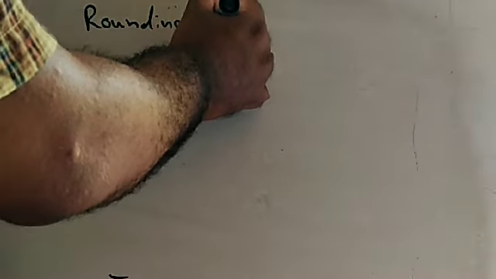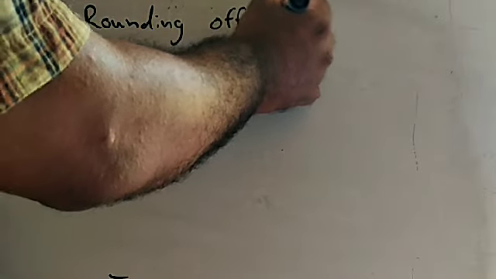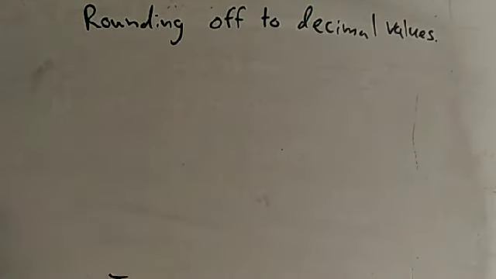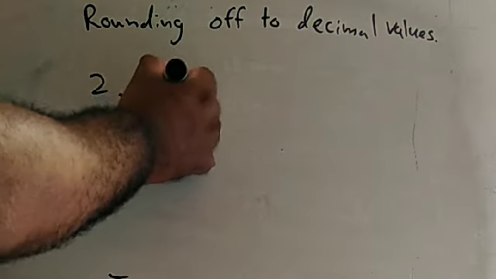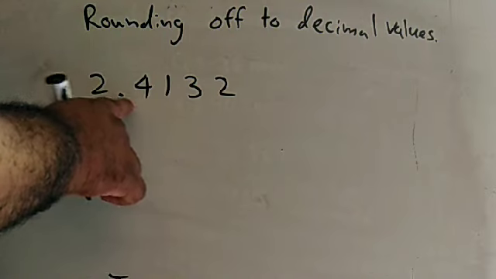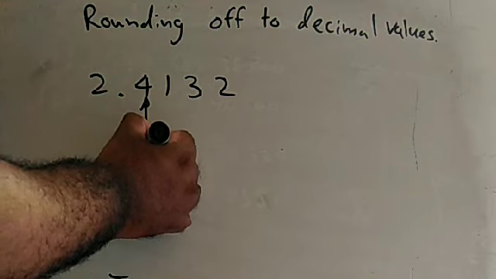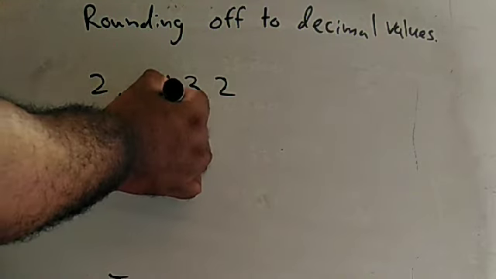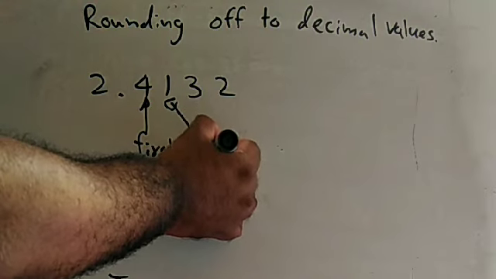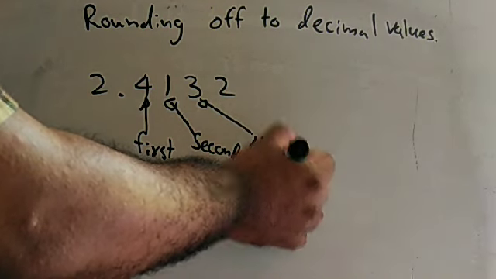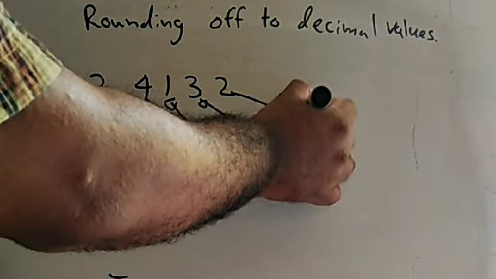Take 2.4132. After the decimal point, this is the first decimal place, this is the second decimal place, this is the third decimal place, this is the fourth decimal place.